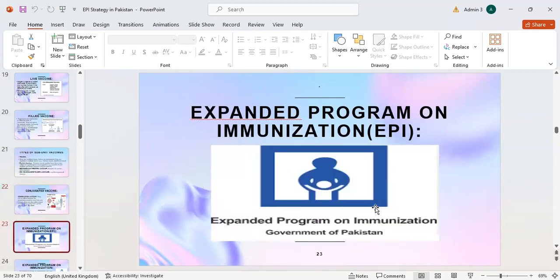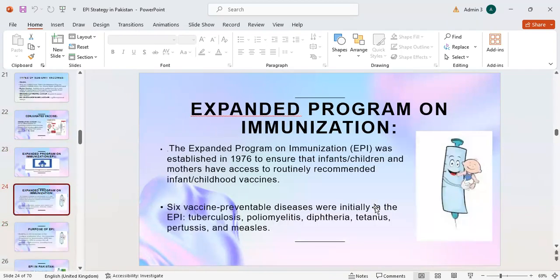Expanded Program on Immunization. The Expanded Program on Immunization was established in 1974 to ensure that infants, children and mothers have access to routinely recommended infant and childhood vaccines.